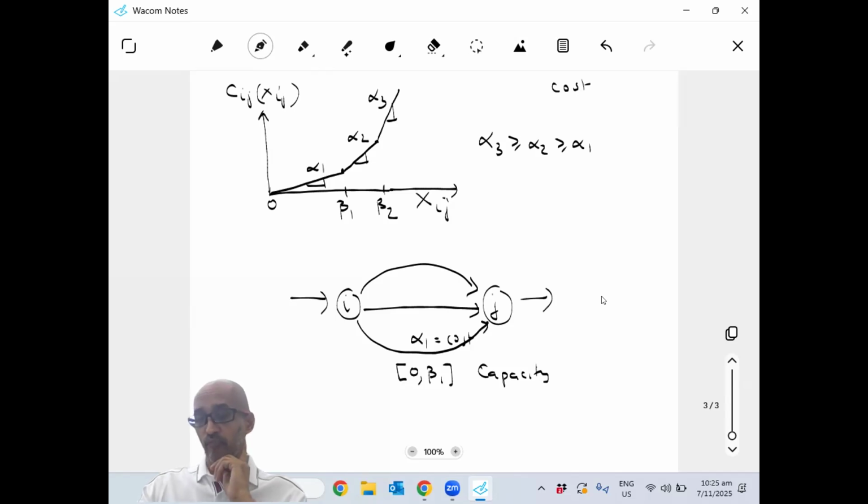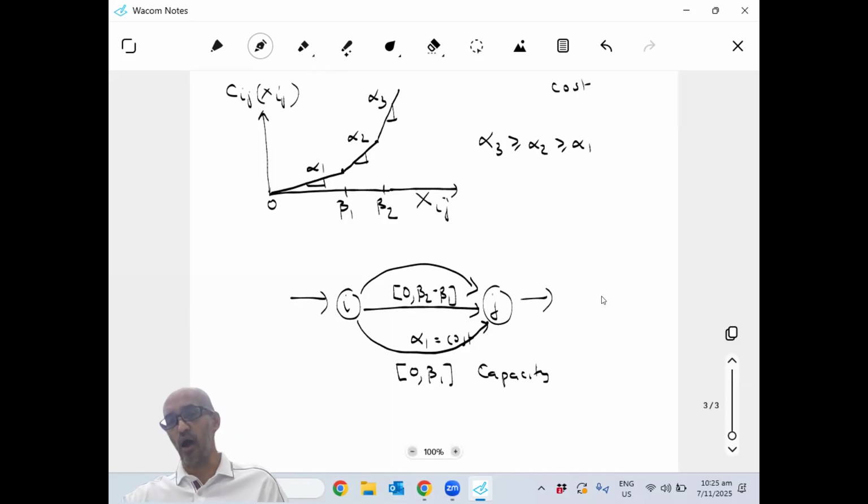Now, if I'm trying to send flow on this next link, I'm going to let my flow be between 0 and beta 2 minus beta 1, which means that up to beta 1, I'm going to use the first link.